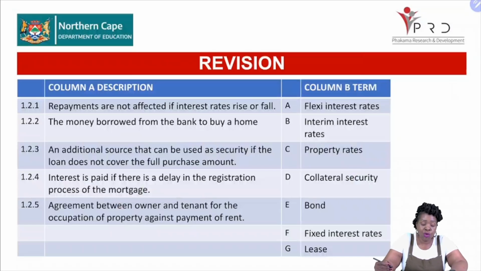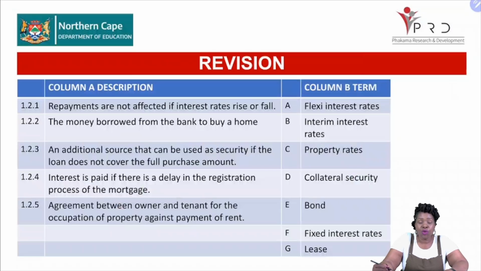So our 1.2.1 reads repayments are not affected if the interest rates rise or fall. That's our description. Then 1.2.2 says the money borrowed from the bank to buy a home. And 1.2.3 says an additional source that can be used as security if the loan does not cover the full purchase amount.